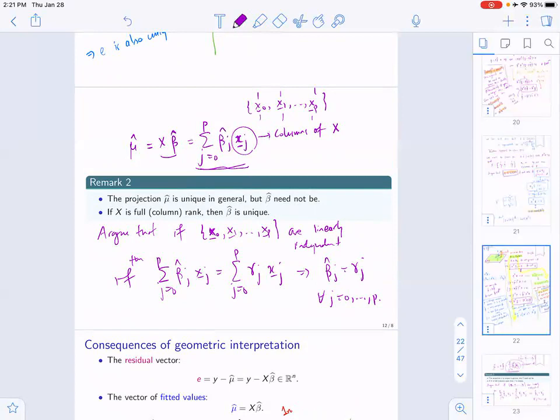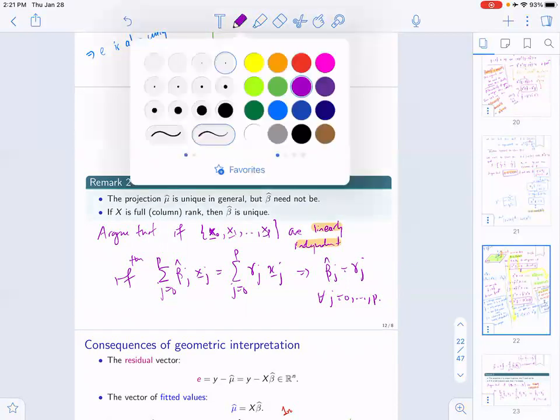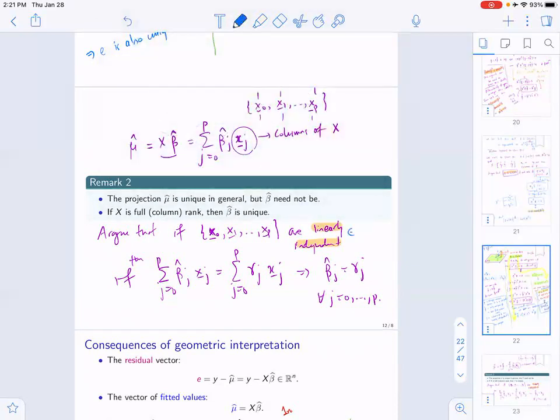Okay, that makes sense. Thank you. So that's the multicollinearity that you talked about last time. Yes, that would be multicollinearity. So linear dependence is multicollinearity, and the opposite, linear independence, is also equivalent to the rank condition, to x being full rank.